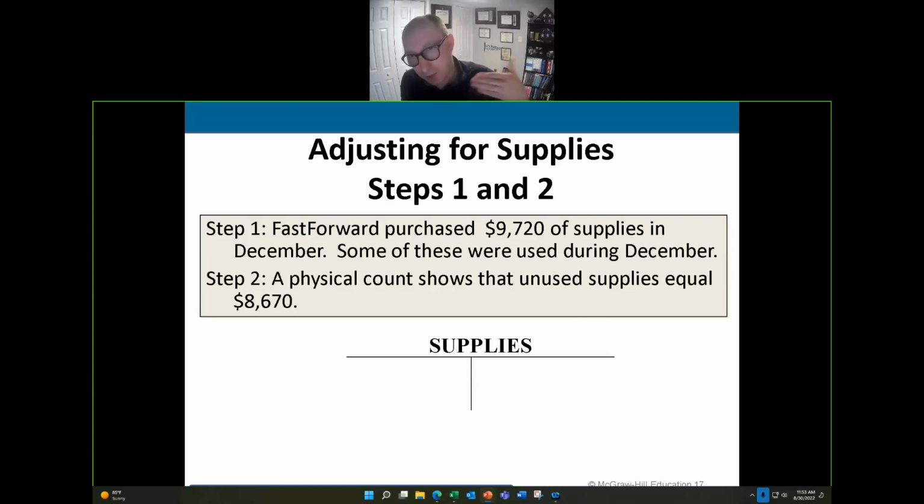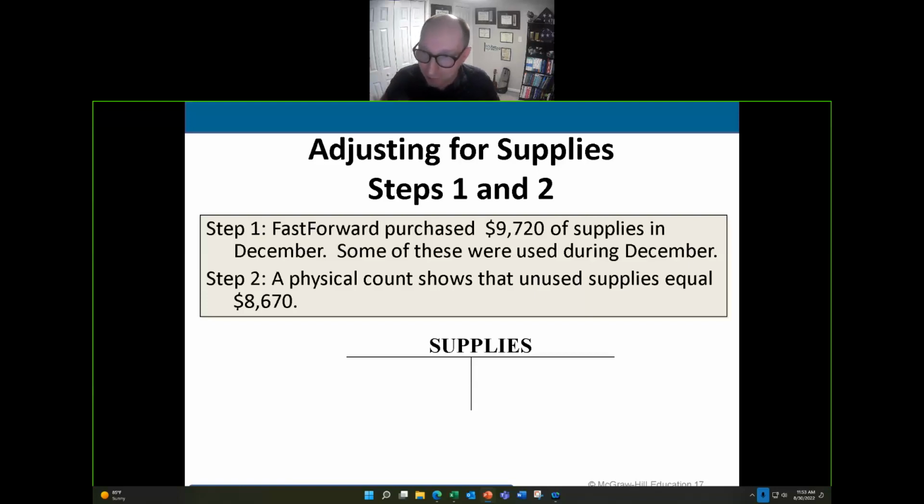And supplies usage is not always consistent. Here's how I want you to think of this. Let's say you own a bakery. At your bakery, you purchase a lot of baking supplies, a lot of ingredients, a lot of parchment paper, and whatever else you need for baking.